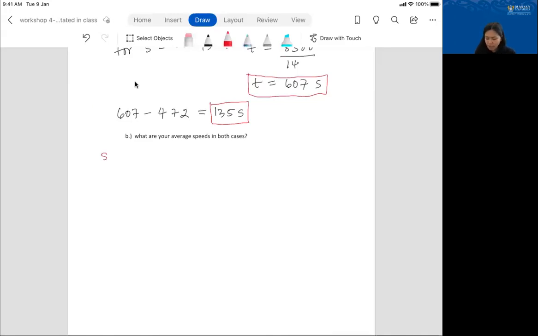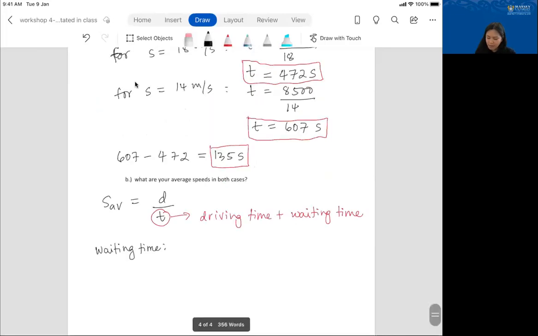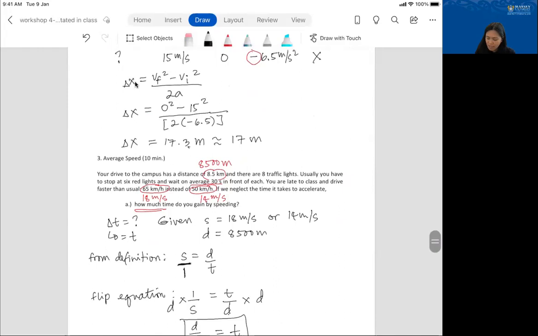So for the average speed, that's distance over time, but this time should include the driving time plus the waiting time. The problem says you spend an average of 30 seconds in front of each red light.